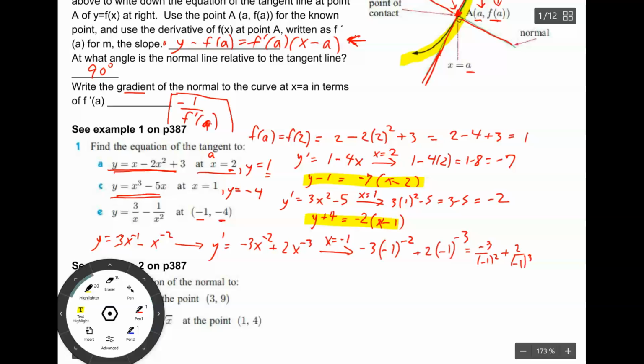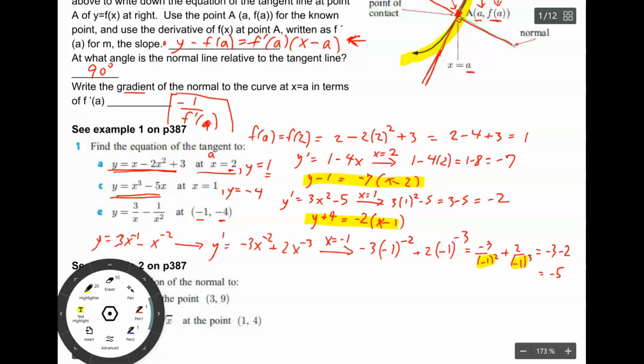So this is positive 1, because negative 1 times itself is positive 1, and this would be negative 1. So what we get here is going to be negative 3 plus, minus 2, equals negative 5. Negative 3 minus 2, negative 5. Okay, so the answer is negative 5 for the slope.